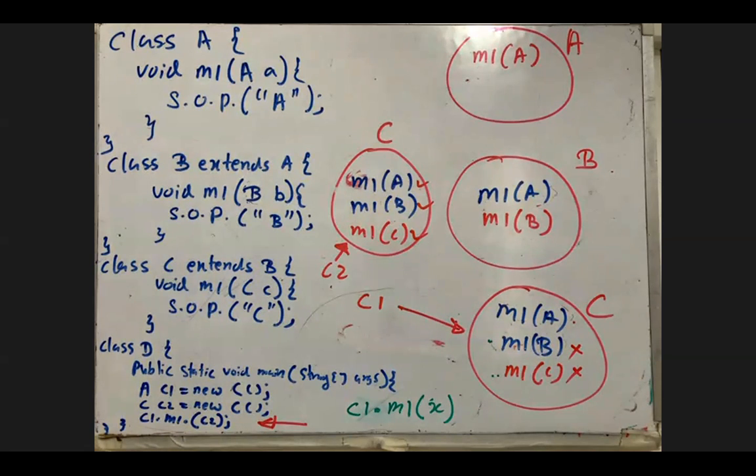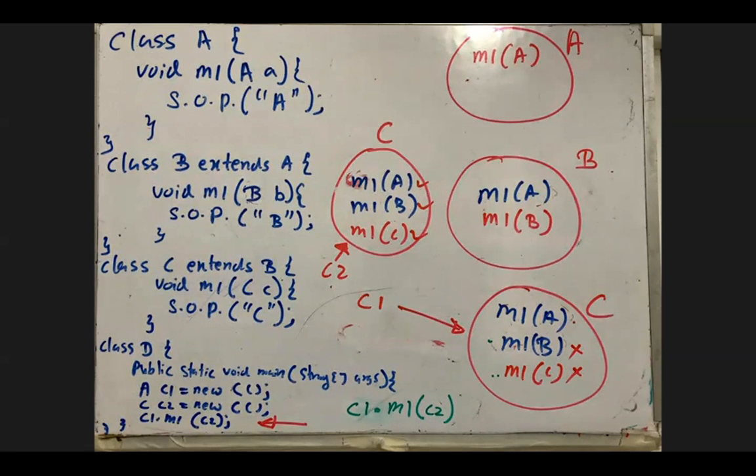Okay. Now here you call C1.M1 and pass C2. C2 is which kind of object?